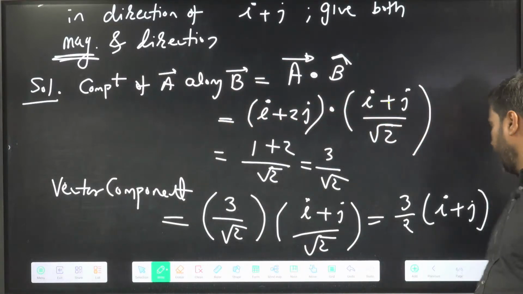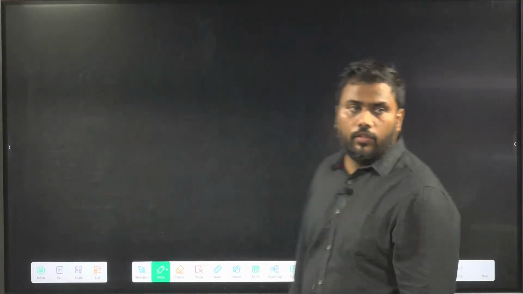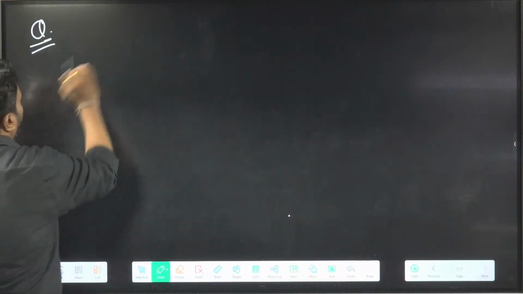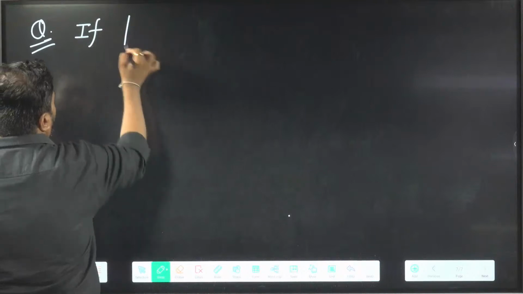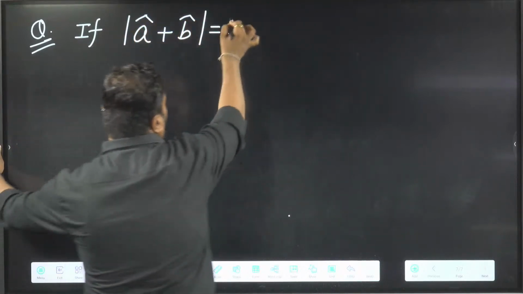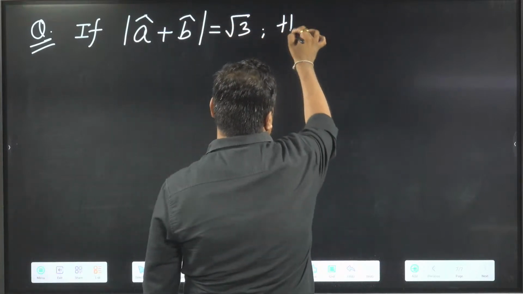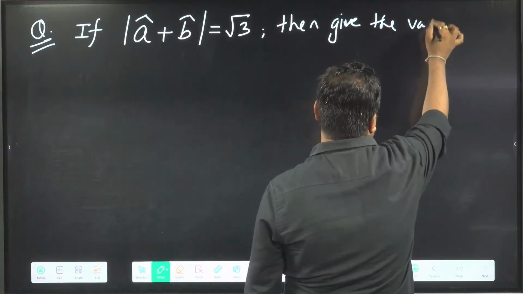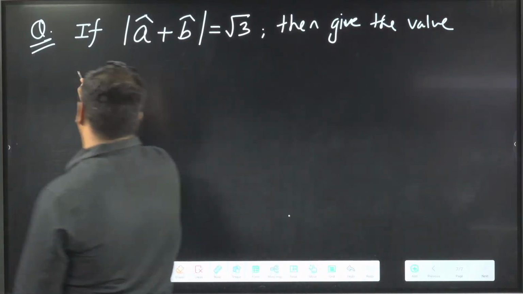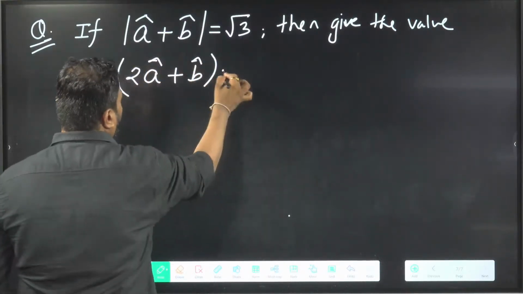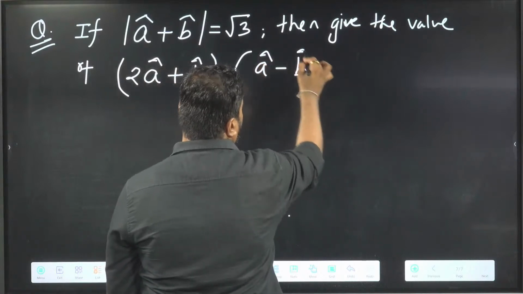Okay, very good. So let us solve one more easy question. This question is now very different. If the mod of a cap plus b cap is root 3, then give the value of 2a cap plus b cap dot a cap minus b cap.